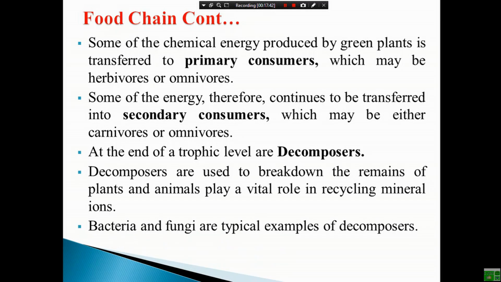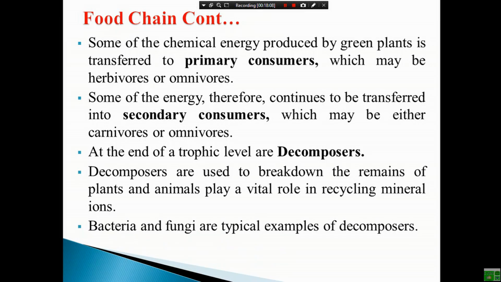Firstly there is a producer, then primary consumer, secondary consumer, tertiary consumer, quaternary consumer, and so on, denoted by "is eaten by". Producers are eaten by primary consumers, which are eaten by secondary consumers, which are eaten by tertiary consumers, which are eaten by quaternary consumers.